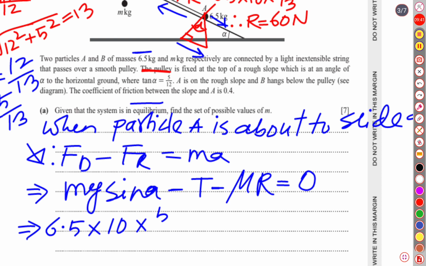We have written minus tension. Tension can be written on the other side or left unchanged.